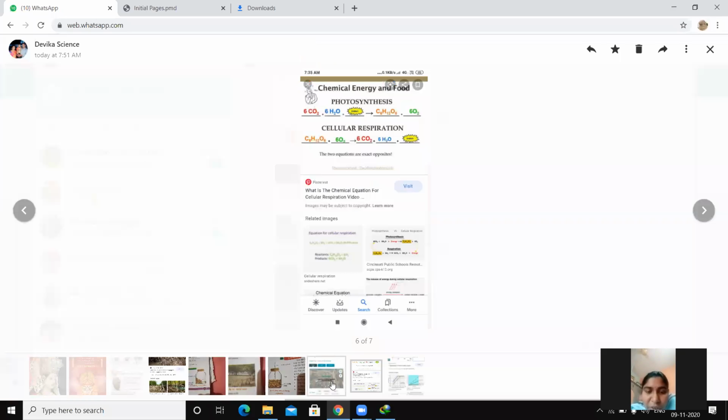So here the difference I had told you: how the photosynthesis is taking the energy, 6CO2 plus 6H2O. From the sun it is taking the energy. So this is an endothermic reaction. This is a constructive pathway. It is an anabolic process. Glucose is produced here. This glucose is utilized in respiration, 6CO2.